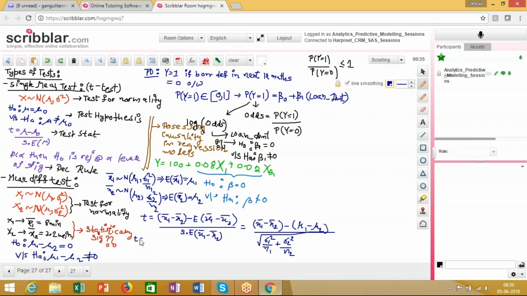So under the null hypothesis, the test statistic value would be T equal to x1 bar minus x2 bar divided by the standard error, because mu1 minus mu2 is equal to 0 under the null hypothesis. If I want to test whether the null hypothesis is true or not, I put in the value of the null hypothesis. Most of this testing is done under the assumption of the null hypothesis.